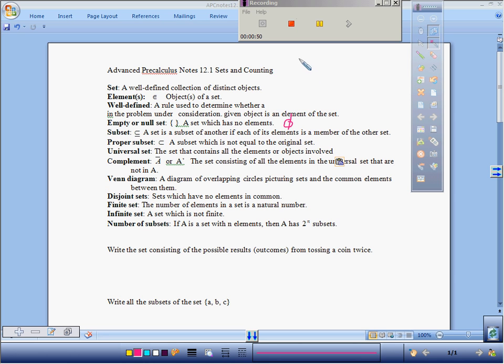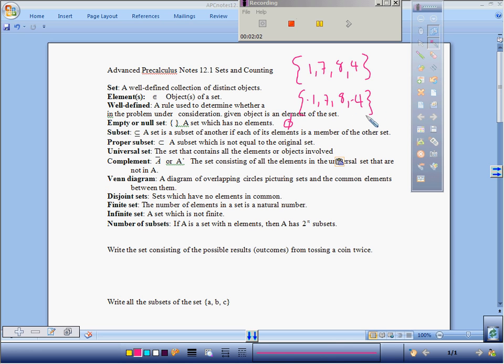For example, say I have a set of numbers like 1, 7, 8, and 4. So a subset of this set could be 1, 7, 8, or 1, 7, 8, and 4. But that would not be a proper subset.